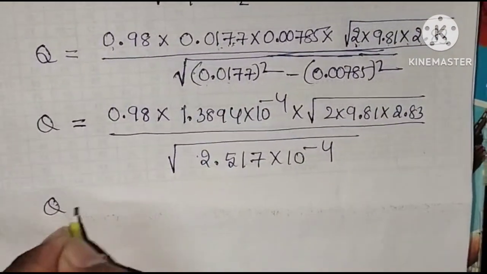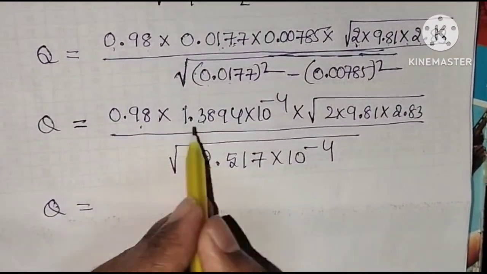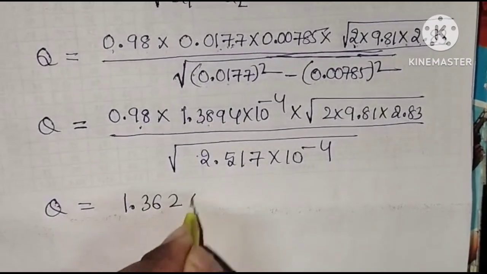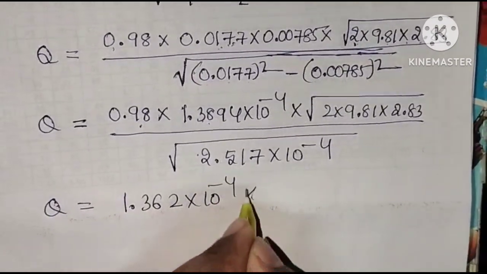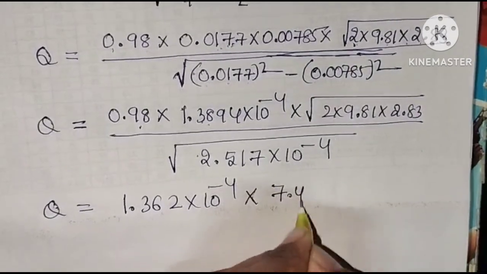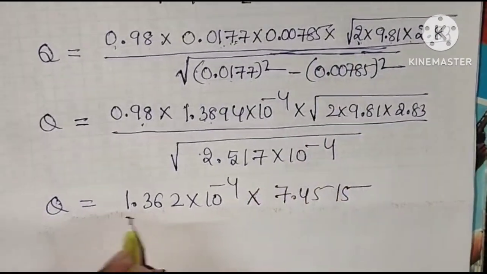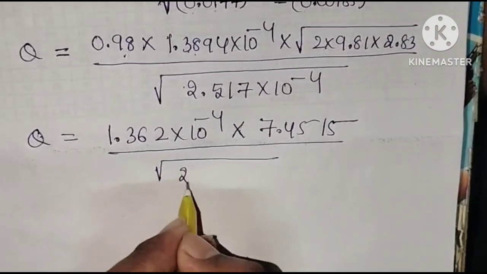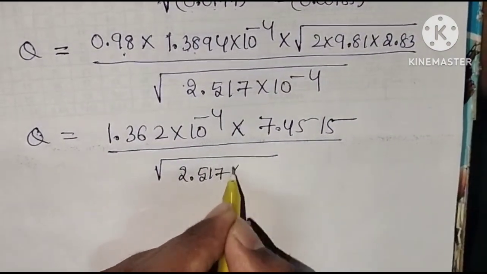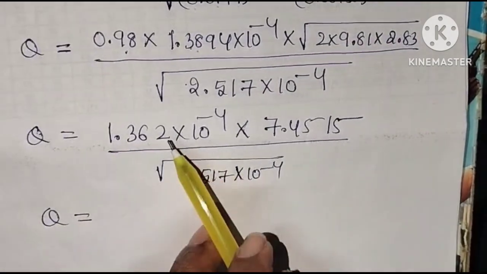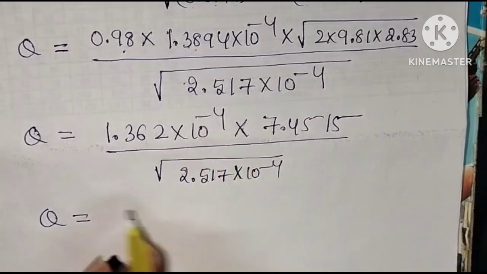Next, Q is equal to, multiply 0.98 and this. You will get 1.362 into 10 to the power of minus 4, into the square root of this value, which is approximately 7.4515, divided by root of 2.517 into 10 to the power of minus 4. Now multiply the numerator values.